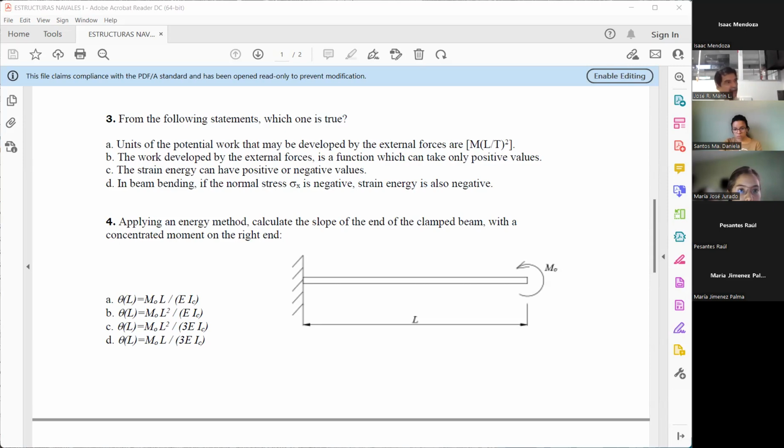Even though I was asking you to apply an energy method, you could have solved this by solving the differential equation. I was not looking at your paper.